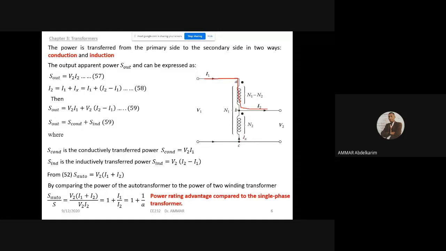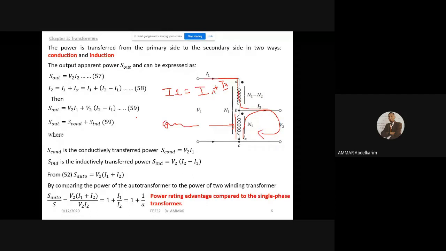But the current here, Ix, will be created, will be induced, by Faraday's law. So the current of the secondary, I2, equals I1, the current from the primary, plus the current created in this common part, Ix. We call this common, which means mushtarak.